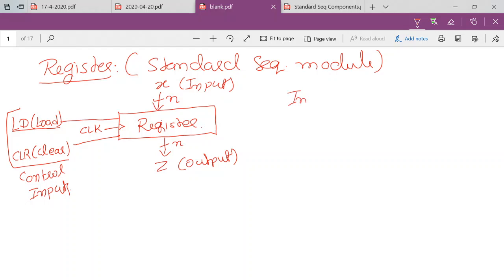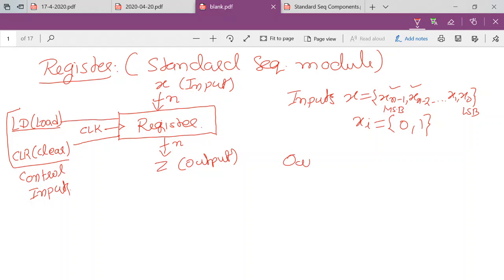I can write down that the input X belongs to xn minus 1, xn minus 2, ..., x1, x0. That means there would be n bits, and if I want to represent a bit as xi, that would belong to 0 and 1. That means every one is a bit. This is your MSB and x0 is your LSB.